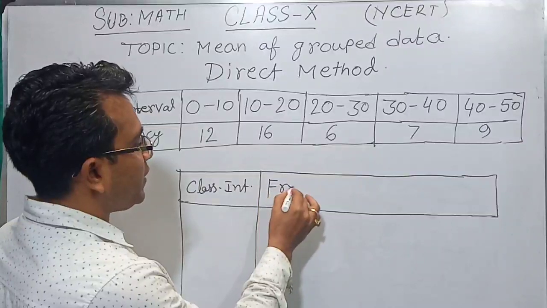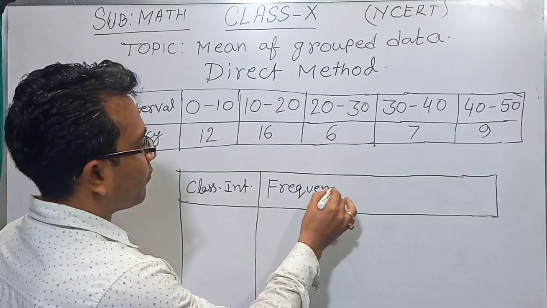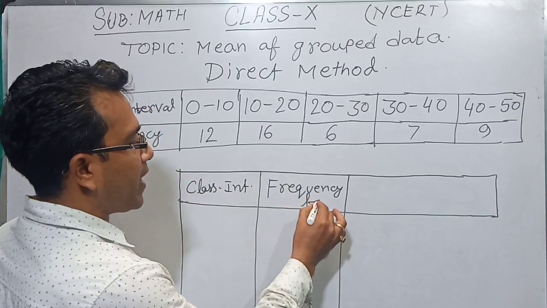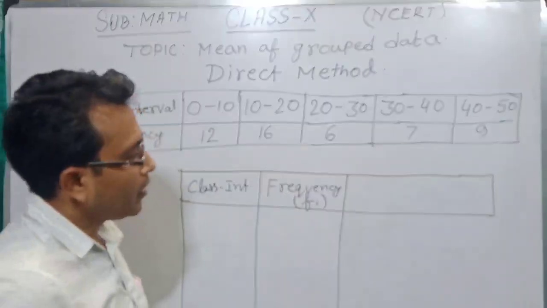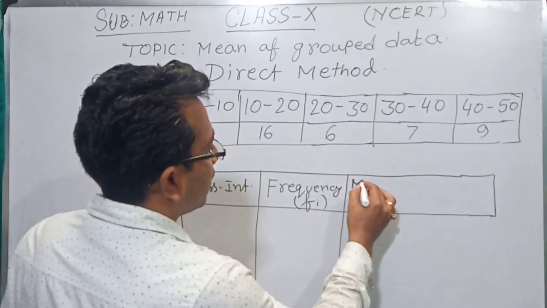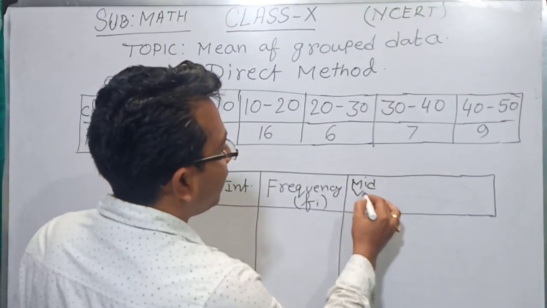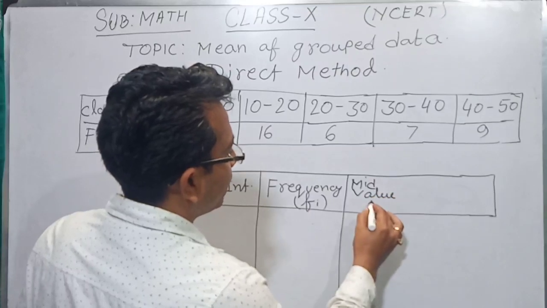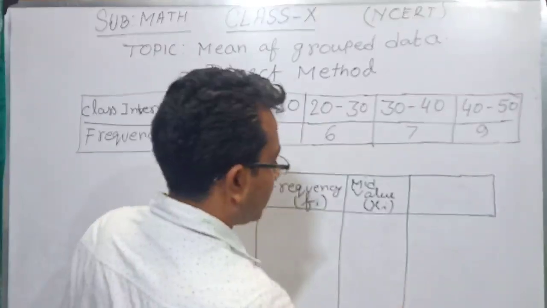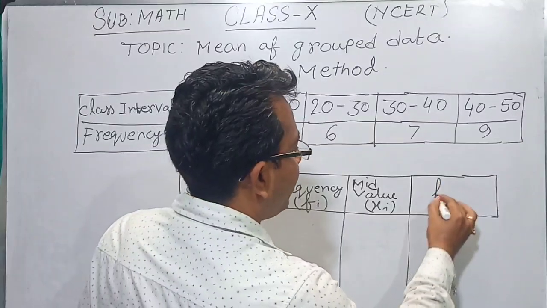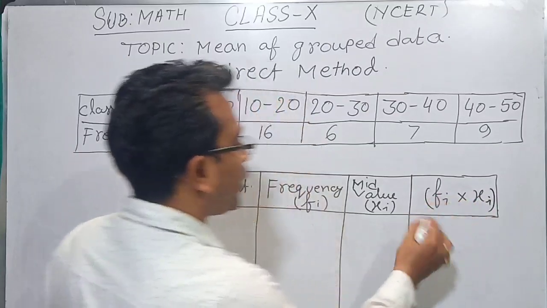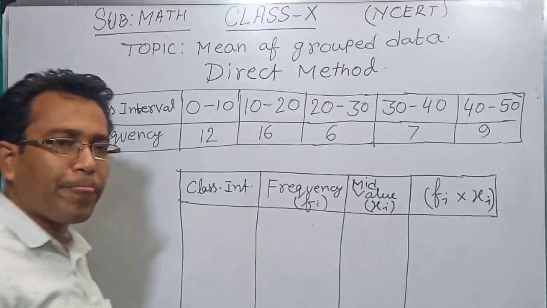Then frequency, practically denoted by Fi. Then mid value. Then Fi into Xi, that means frequency into mid value.